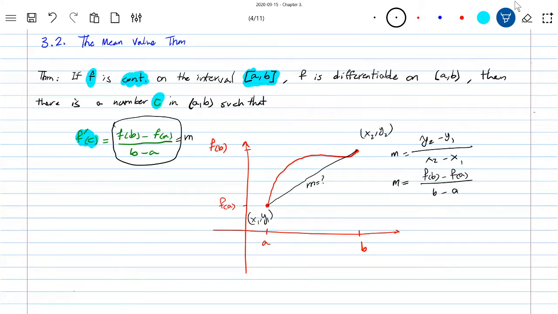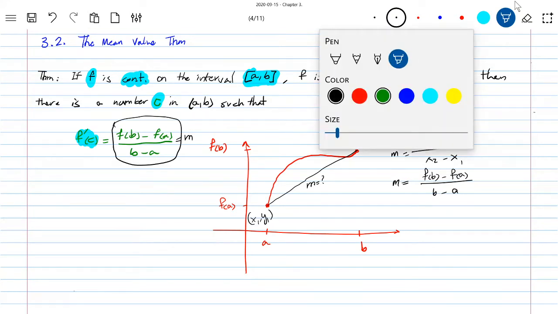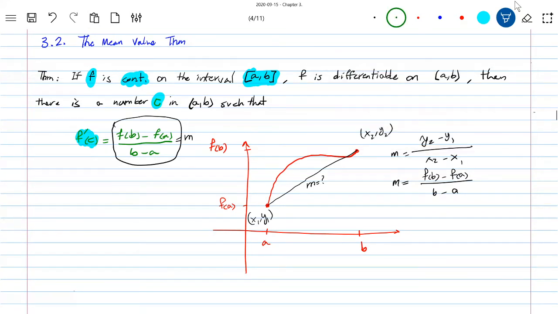And what the theorem says is that somewhere along this curve, there's a point where the derivative equals that slope. What does the derivative represent? The derivative represents the slope of the tangent line.